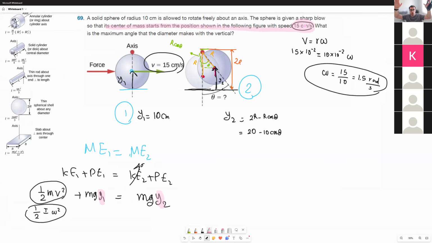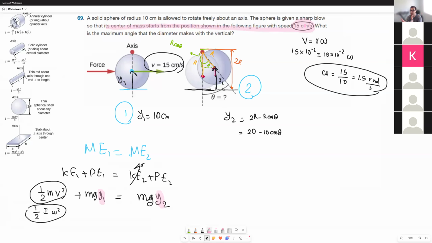But what you're dealing with is a sphere, and it rotates about an axis. If you want to find the kinetic energy of the whole solid sphere, you have to go with rotational kinetic energy, not only the linear kinetic energy of the center of mass.